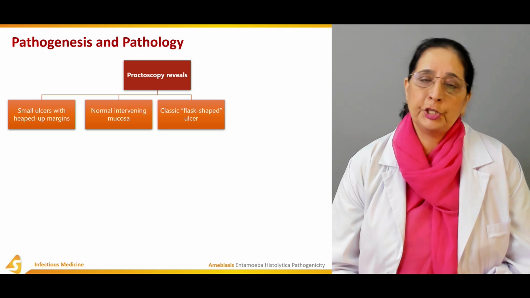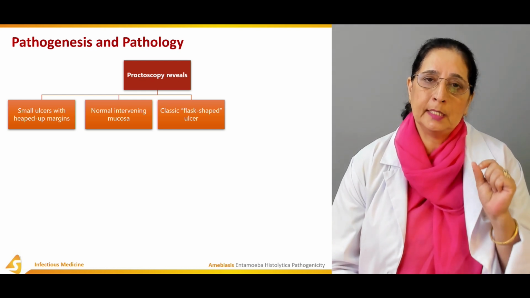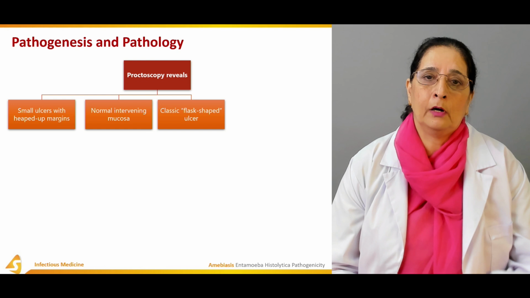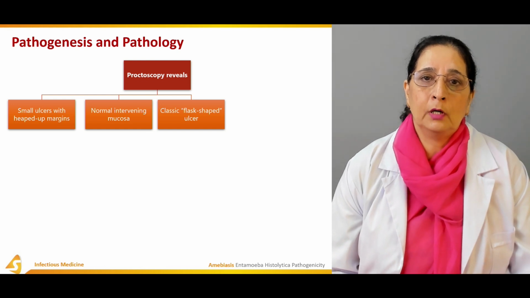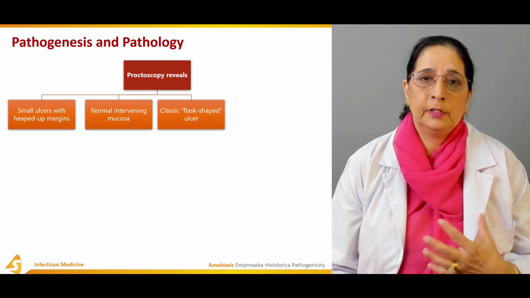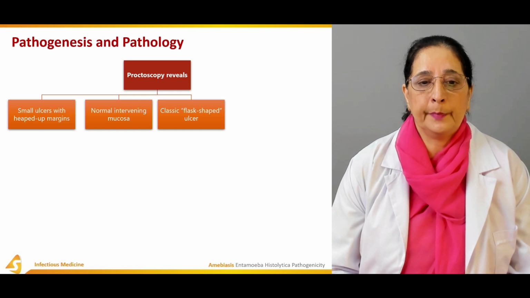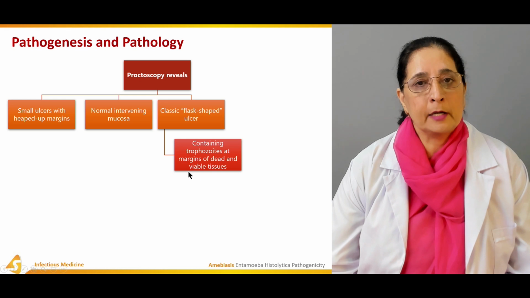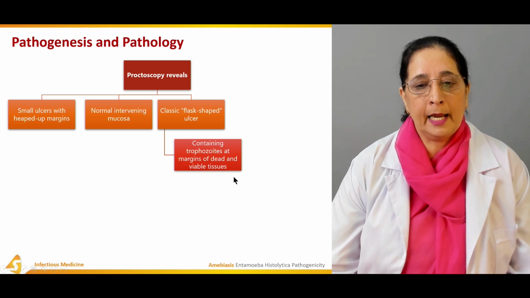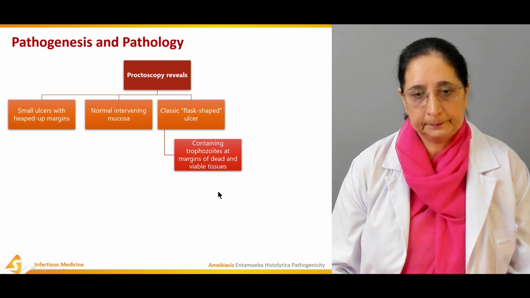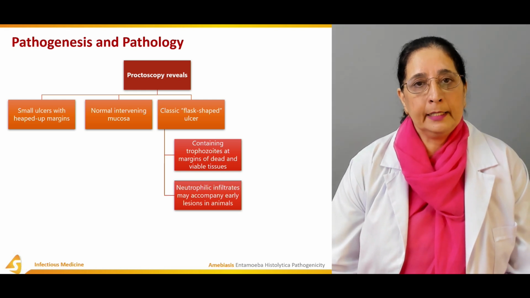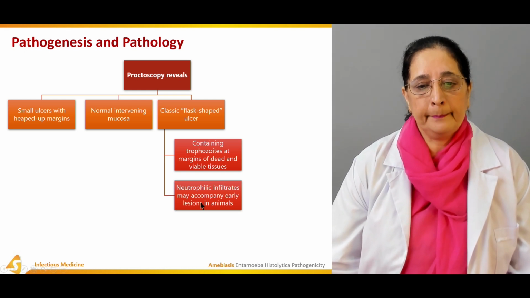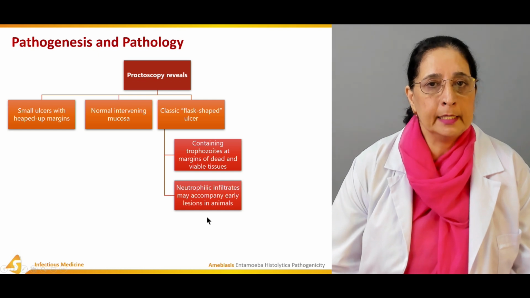The classic flask-shaped ulcer. Flask-shaped ulcers are characteristic of Entamoeba histolytica infection. There are flask-shaped ulcers containing trophozoites at the margins of dead and viable tissue. Neutrophilic infiltrates may accompany early lesions in animals.